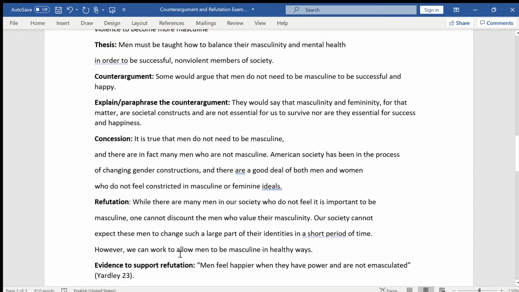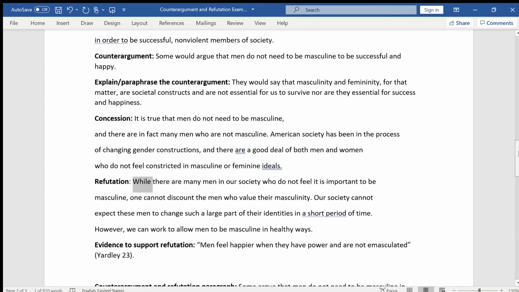However, we can work to allow more men to be masculine in healthy ways. So it says we can't really expect people to get rid of their masculinity. If that's part of who they are, that's not really fair to ask them to just get rid of that. You'll notice here at the start of the refutation, I used while. That is a good way to go from the concession, which was one idea, into the refutation, which is sort of an opposing idea.